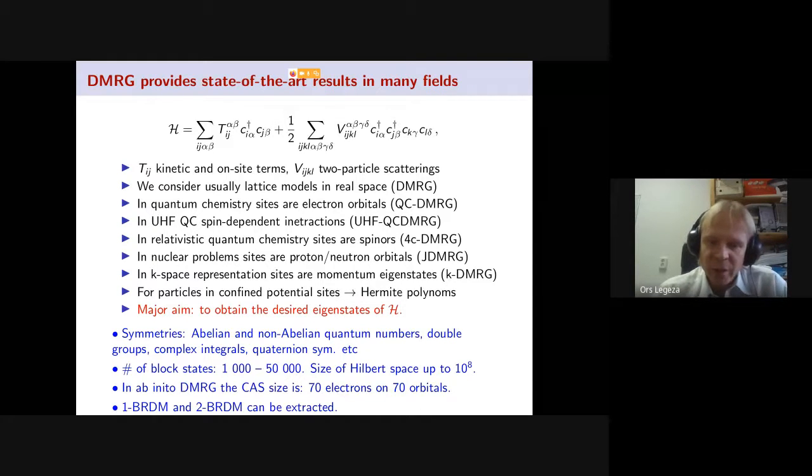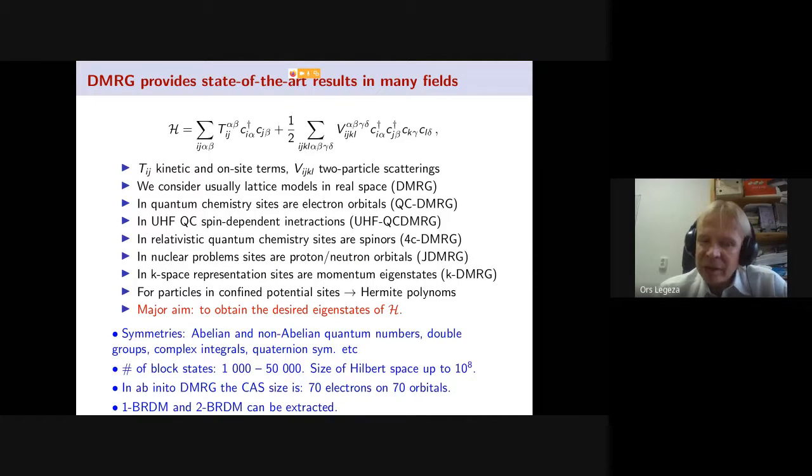Okay, so the major aim is to obtain the desired eigenstate of the Hamiltonian, and of course, measurable quantities calculated from the given eigenstate. Now, symmetries: we can include abelian and non-abelian quantum numbers like SU2, SU3, SU4, and so on, like double groups in the relativistic version. We can also have complex integrals, quaternion symmetries, and so on.